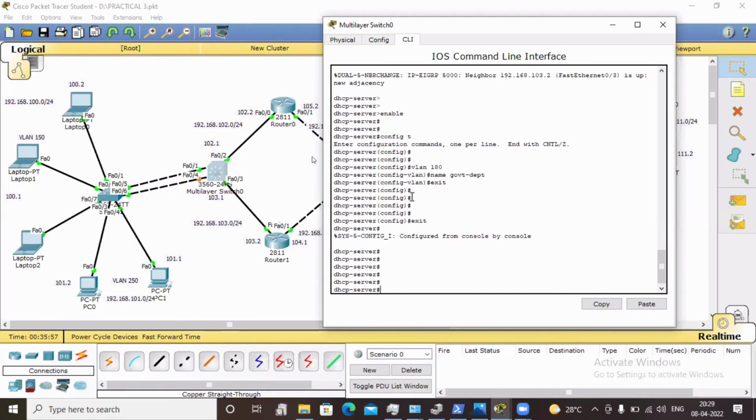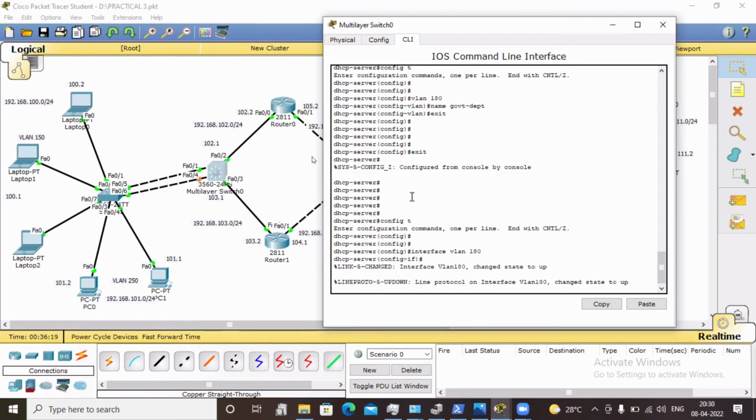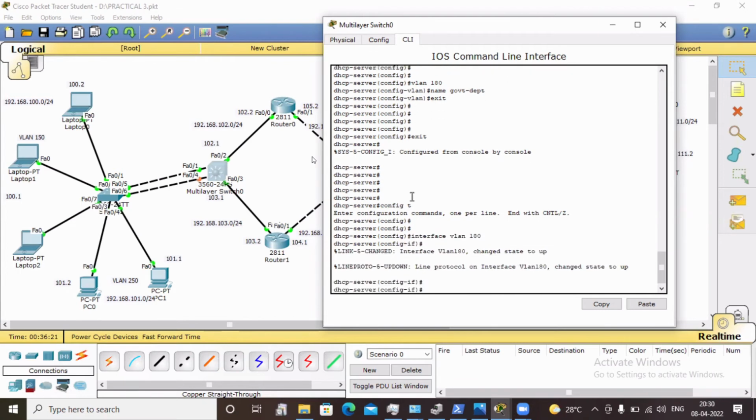Just configure this. Interface VLAN 180. Enter. Just give the gateway IP address.